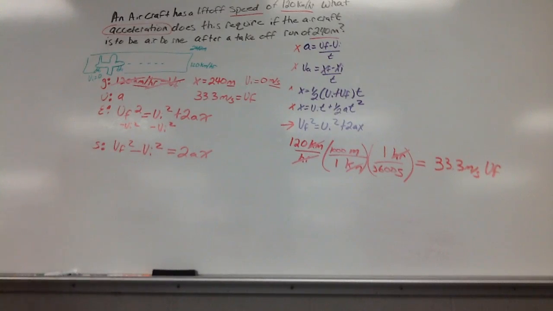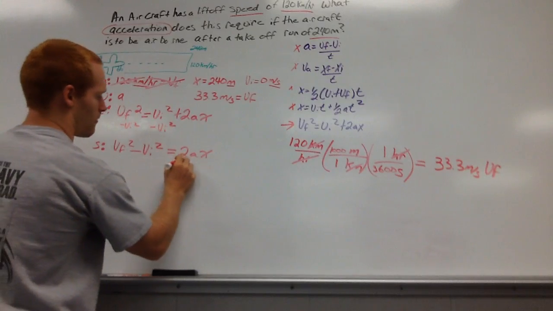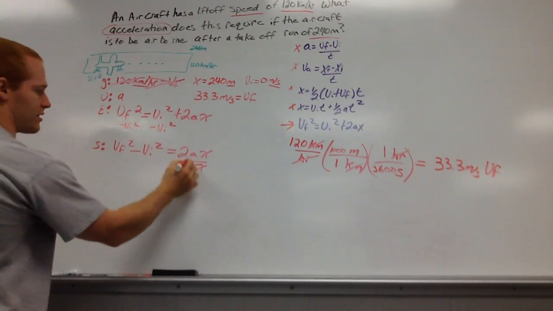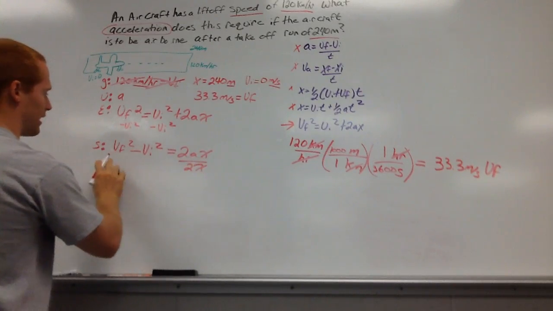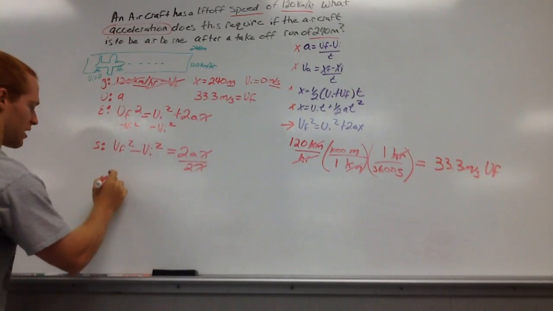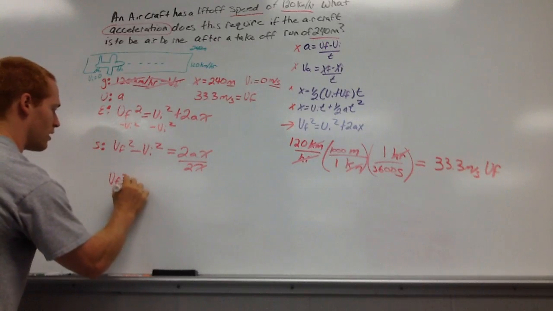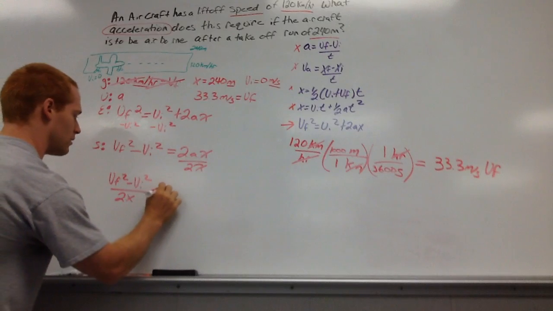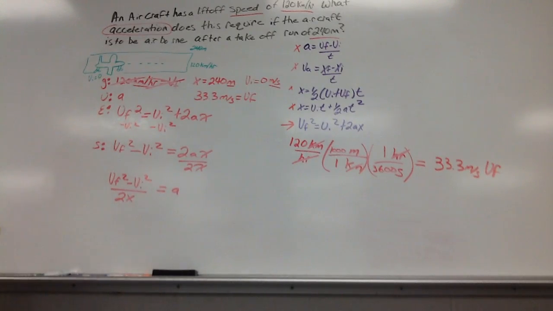No more addition or subtraction, so move on to multiplication and division. We can now divide by 2X. Notice how that's going to cancel out on the right, and it's going to leave us with just A. So we have VF squared minus VI squared, divided by 2X, equals A.